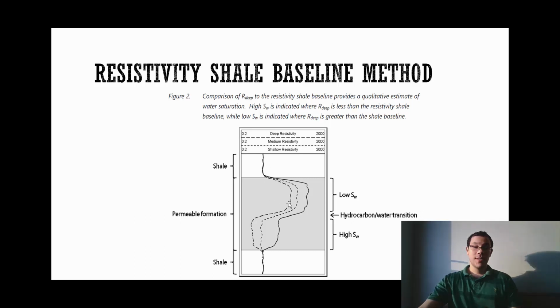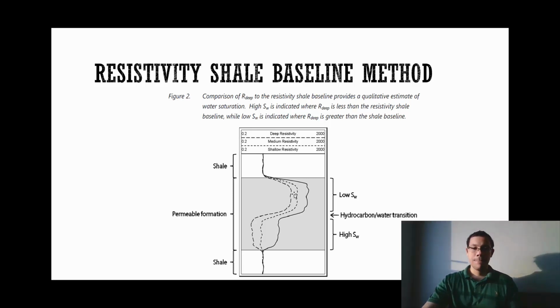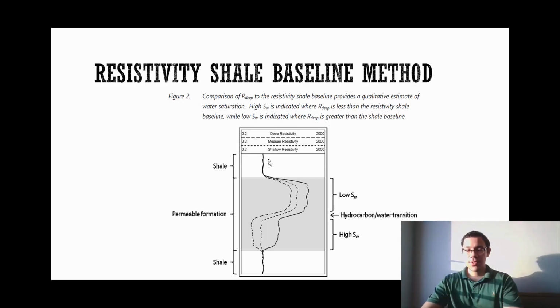We're not interested in knowing if the deep is reading more than the shallow, or if the shallow reads more than the deep. What we're doing here is to have a qualitative estimate of water saturation, which will lead to an estimate of hydrocarbon saturation.